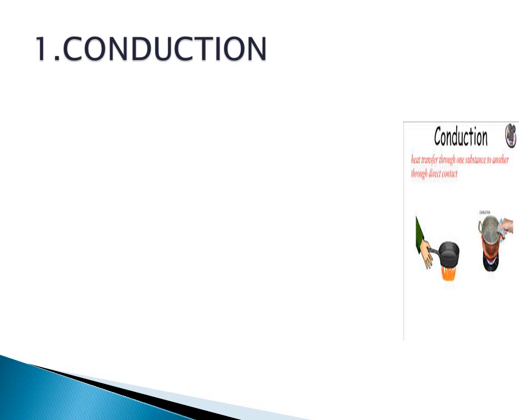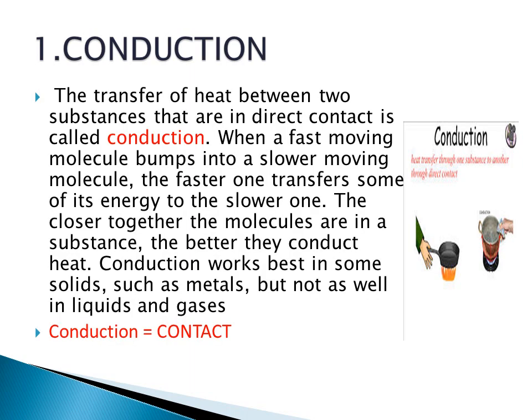First of all, what is conduction? The transfer of heat between two substances that are in direct contact is called conduction. When a fast moving molecule bumps into a slower moving molecule, the faster one transfers some of its energy to the slower one.